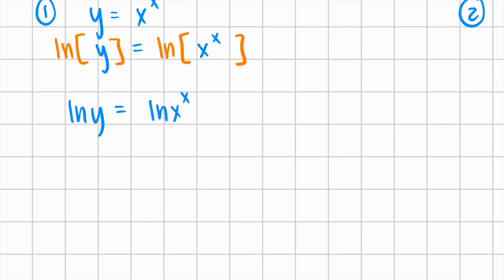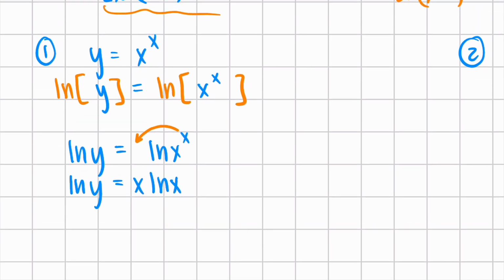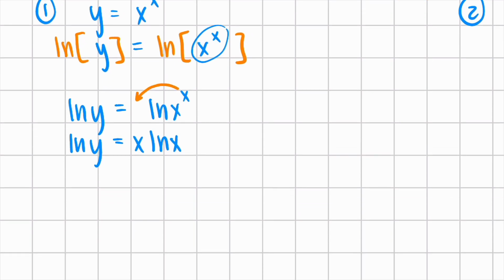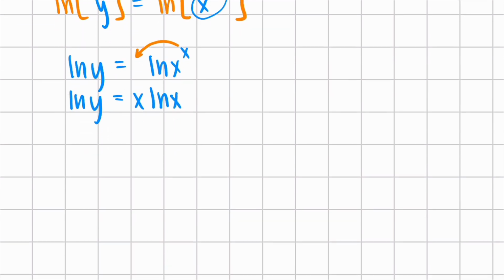And then we're going to use that log rule where I can bring my exponent out front and make it a coefficient. The goal is we are going to get rid of having a function raised to a function. And notice that we've done that in this step. Once you do that, you are going to do implicit differentiation.